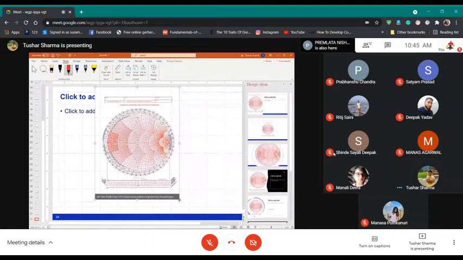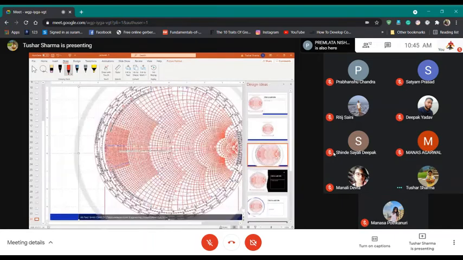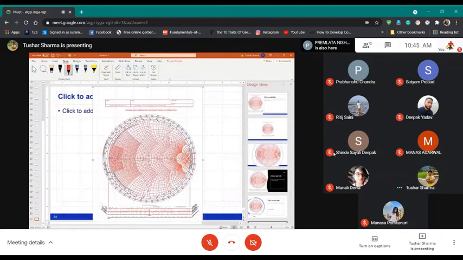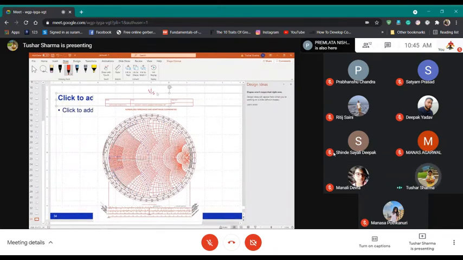So we will plot 1 over S11 conjugate, which is equal to 0.44 angle minus 120.